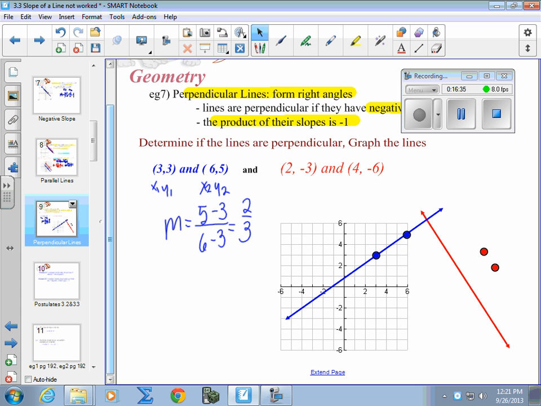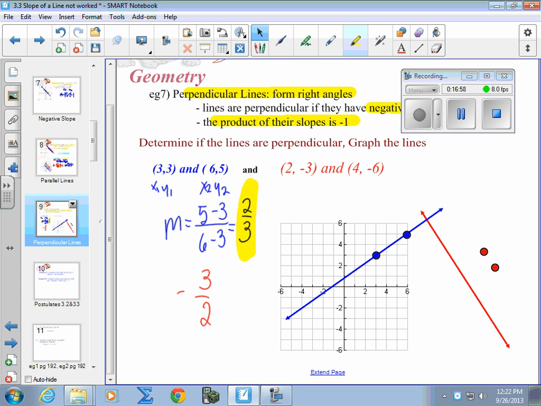So let's see. What is the reciprocal of 2/3? The reciprocal is 3/2. And what would the opposite sign of that be? Negative 3/2. So our slope for our red line would have to be negative 3/2.